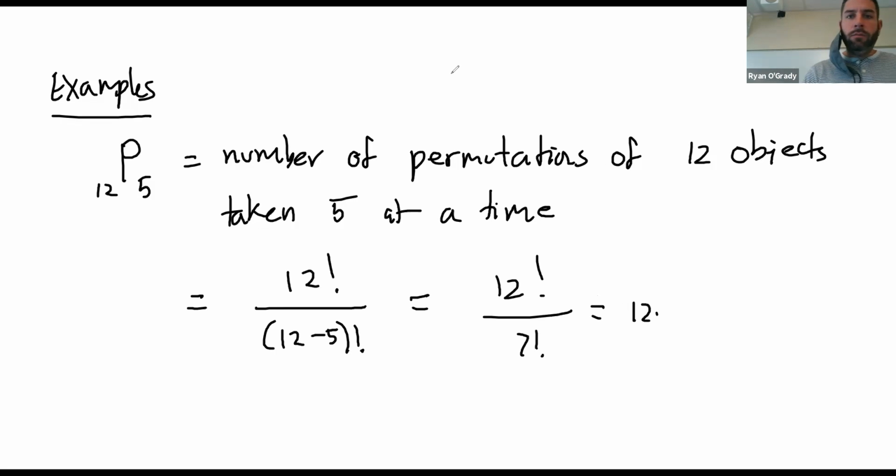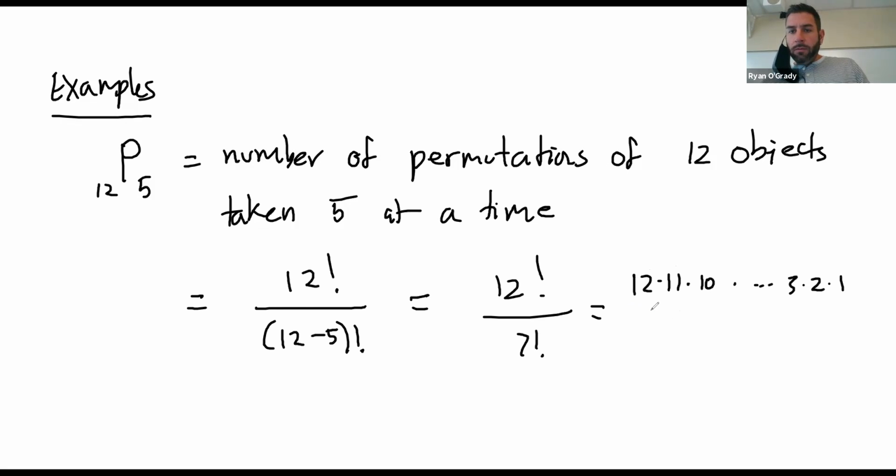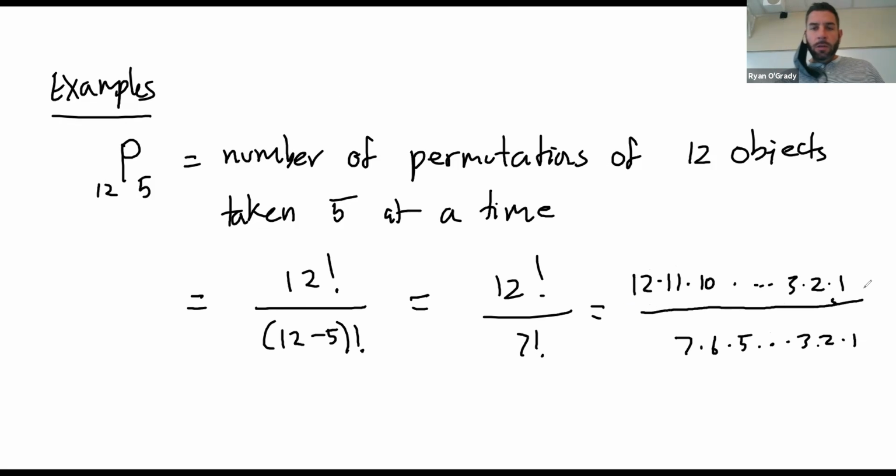Well, let's just write it all out for the first example, because our brains are probably fried. So what is this by definition? This is 12 times 11 times 10 times 9 all the way down to 3, 2, 1. And then this is 7 times 6 times 5 all the way down to 3 times 2 times 1. And of course, a lot of these are common factors, so we can cancel them, and these all have partners upstairs.